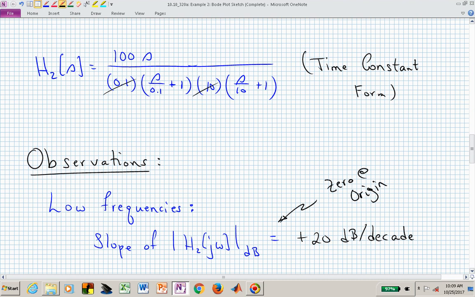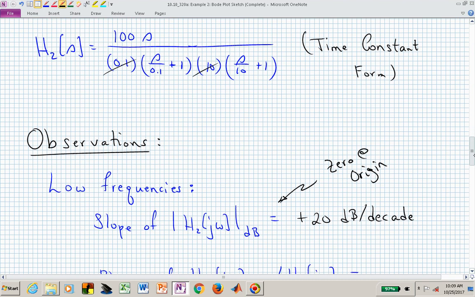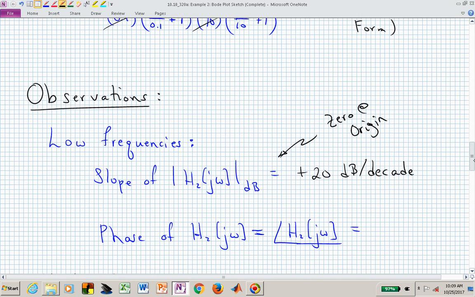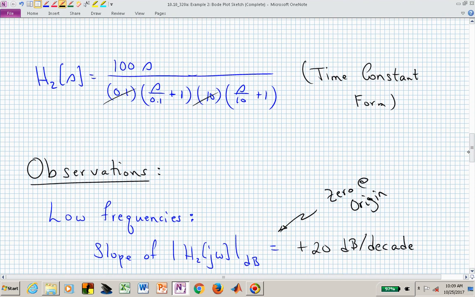If we had a zero somewhere else, then we could have a slope of our magnitude being 0 at low frequencies. That's possible. What's the phase of this particular transfer function at low frequencies?